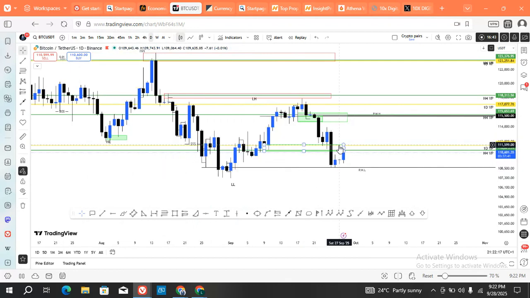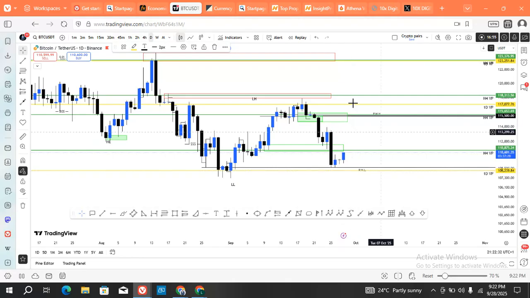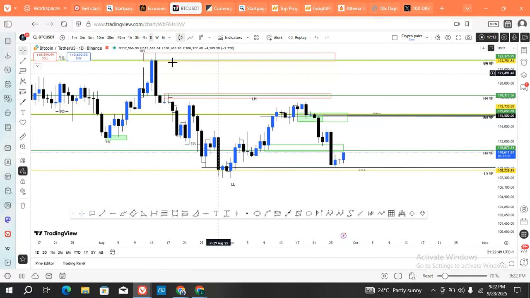On the daily time frame, we mark out the daily demand all the way down here. Then over here is the daily supply. Then we'll go to the 4 hour time frame.